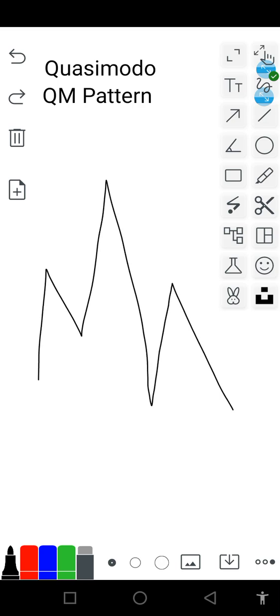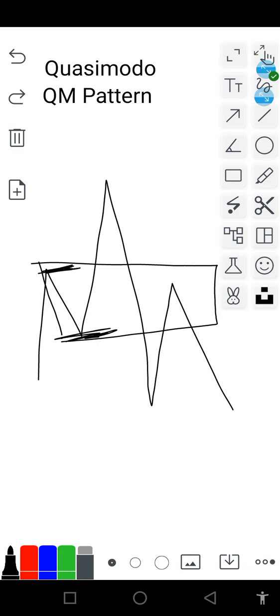That's the pattern. Now, where do you place your trade from the Quasimodo? You place your trade when price reaches the zone, from this level to this level. From this high here to this low here is the QM zone. That's what they call the QM pattern, the QM zone.